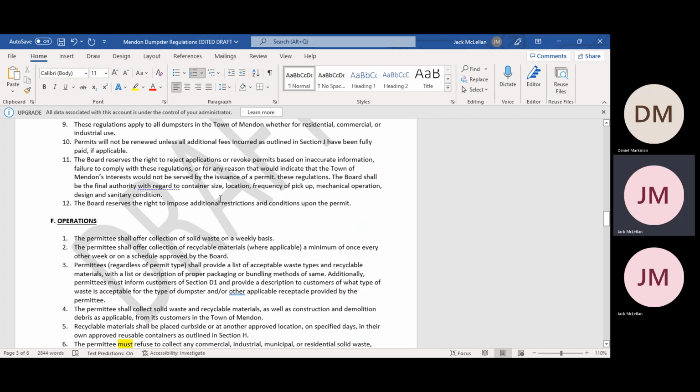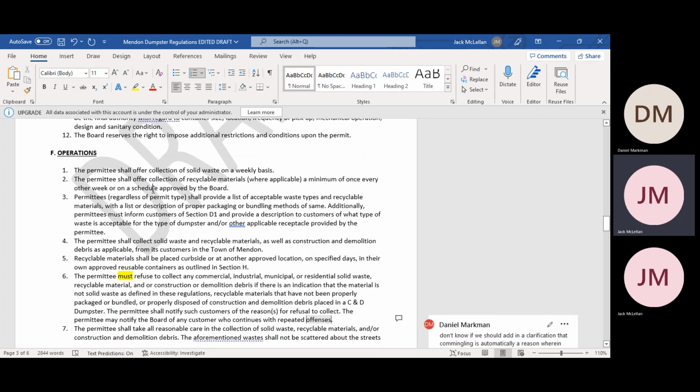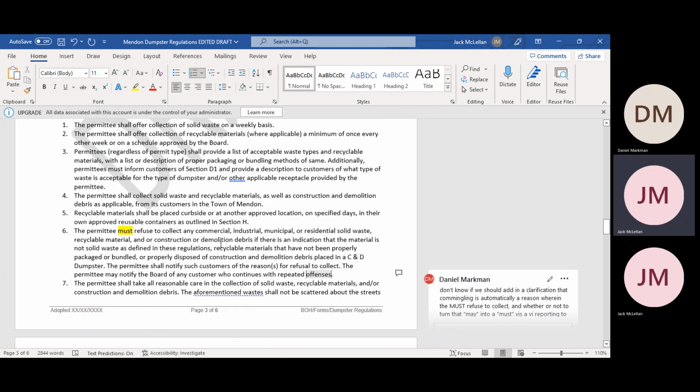Now on to section F, operations. We changed may to must on the last line of 6. The permittee may notify the board of any customer who continues with the repeated offenses.